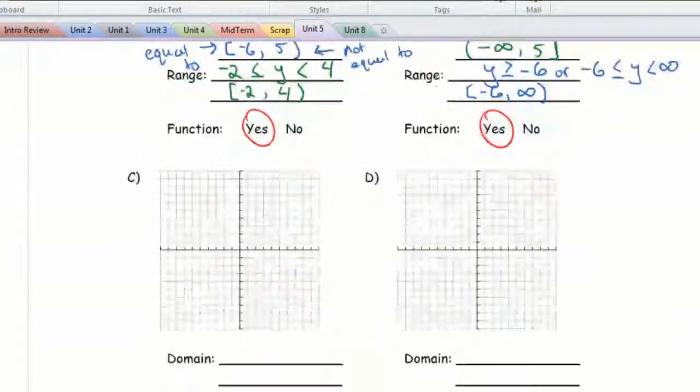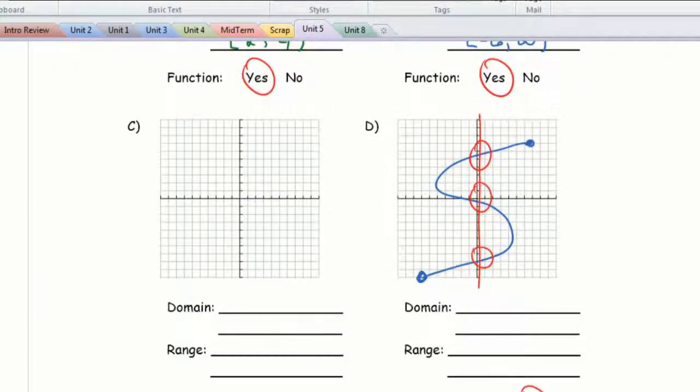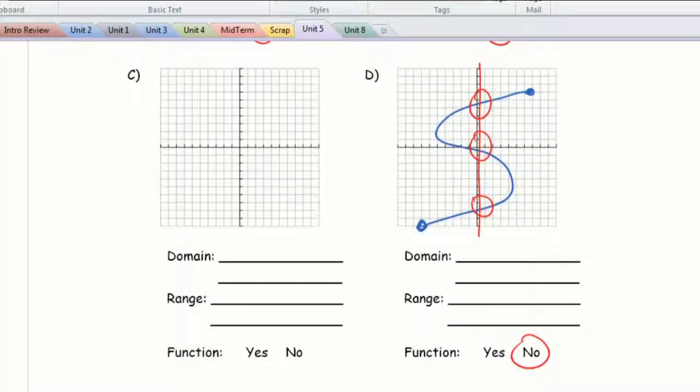If I had something like a line that started here and wrapped around and went back there, I know there was one kind of like that, I can draw a vertical line and I can intersect 1, 2, 3 points. So that is not a function, because I can intersect it more than once.